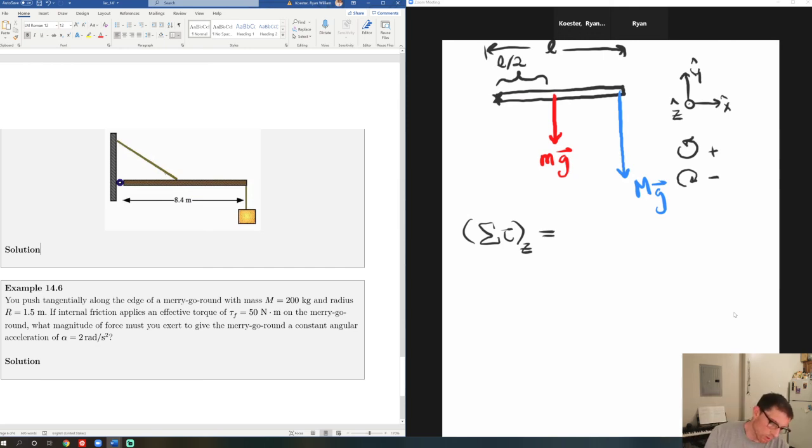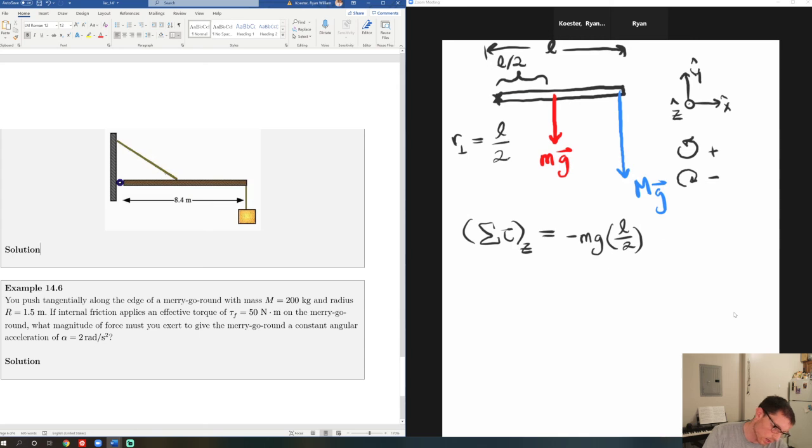So with that being said, if we want to be very, very precise when we fill this in, what we would write is probably something like this. We would write negative mg L over 2, because our R perpendicular for the weight of the beam is just L over 2.